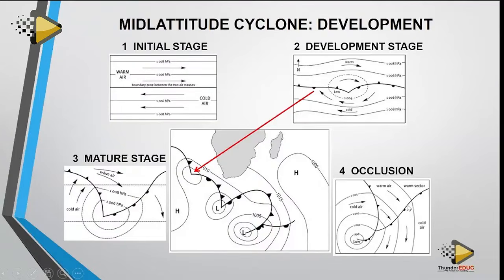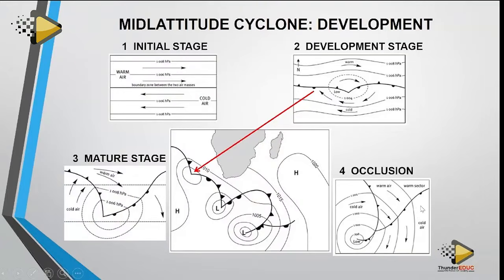So if you have warm air and then you have cold air, when they mix, they cannot remain cold, because it's warm and cold. So it's going to become cool. The temperature will change. In the occlusion stage, the air ahead of the warm front will not be cold.